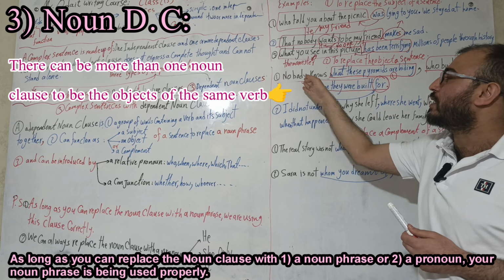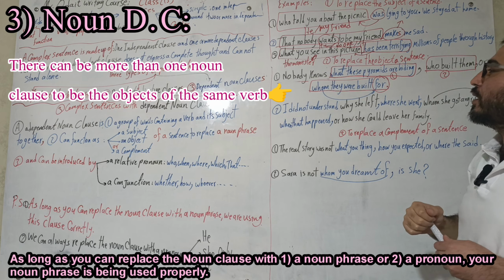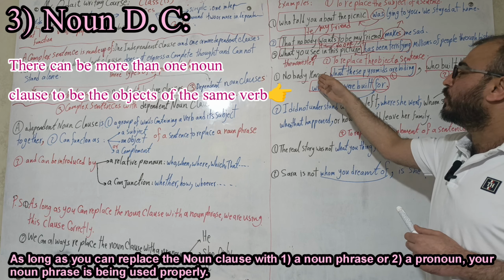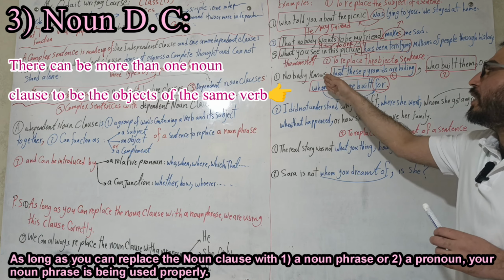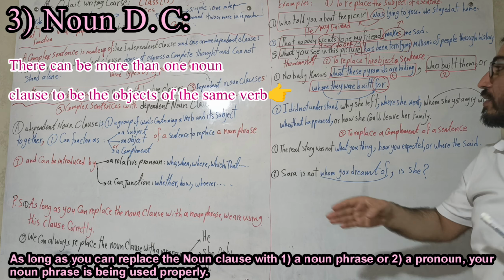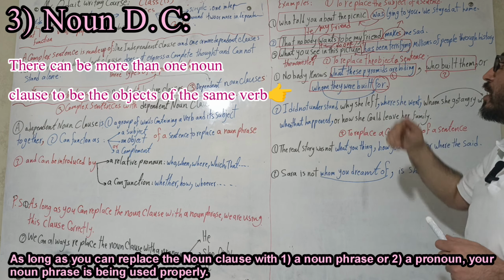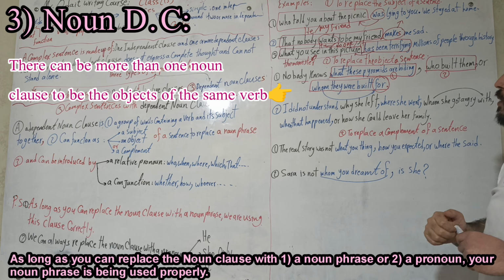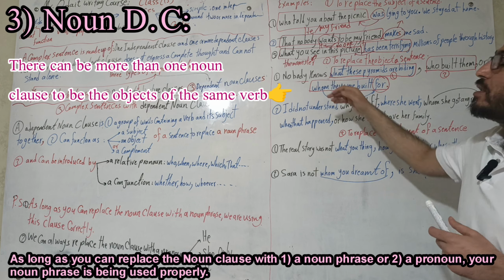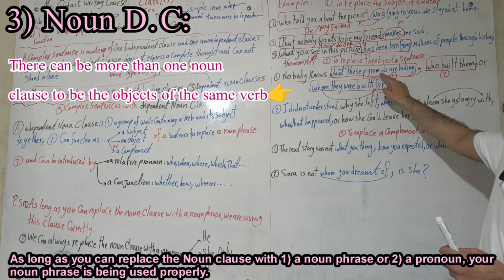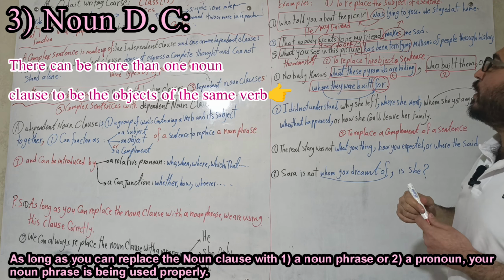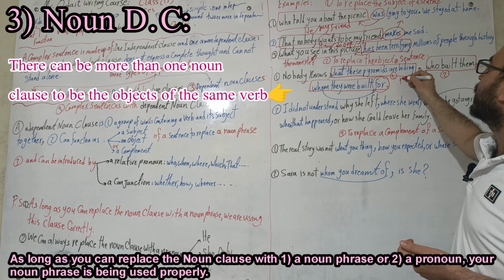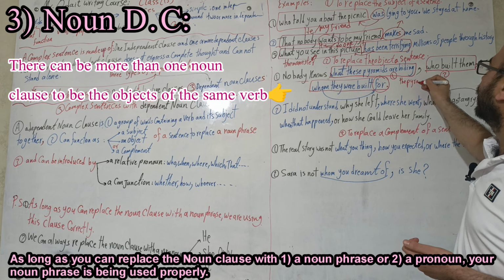Everything before the verb phrase is the subject. And generally, if the verb is transitive, everything after the verb is going to be the object. And here, "nobody knows what these pyramids are hiding." Or for example, we can say "nobody knows the pyramids."